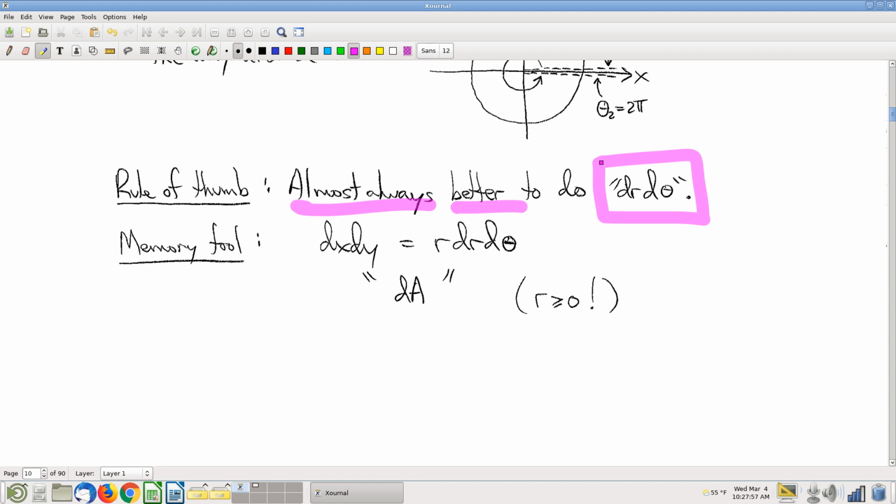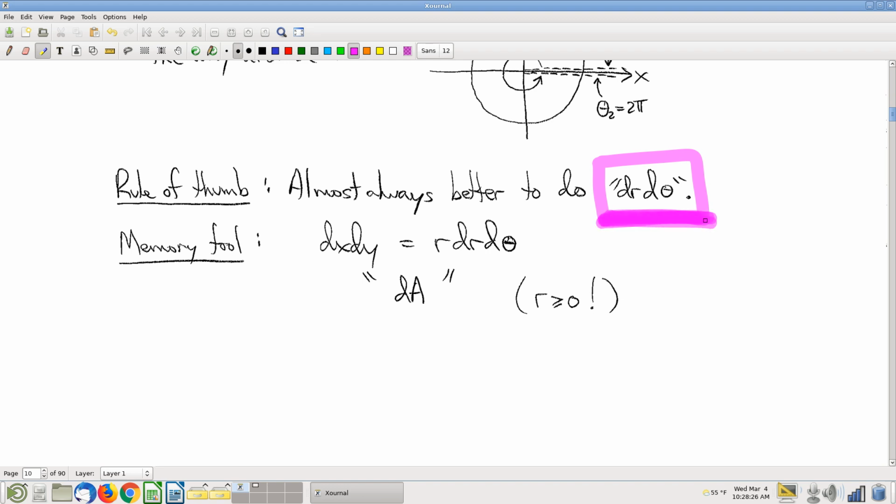Remember, the general idea is whichever one you think of as being a function of the other variable, you tend to want to put that variable on the inside. That's one of our strategies for keeping our integration as convenient as possible. So most of the time, this order. In fact, there are not very many examples where you do it the other way, and actually to your advantage. So it's almost fair to say just always do this.